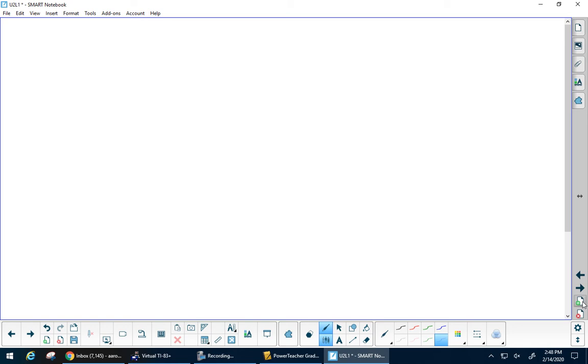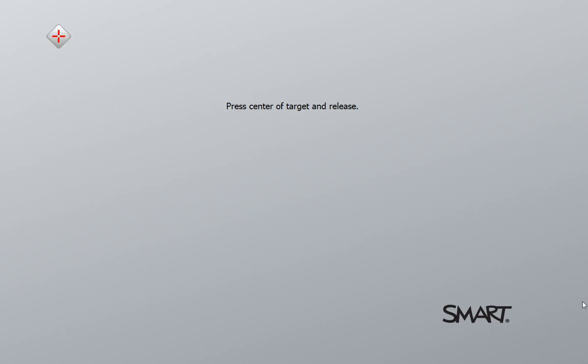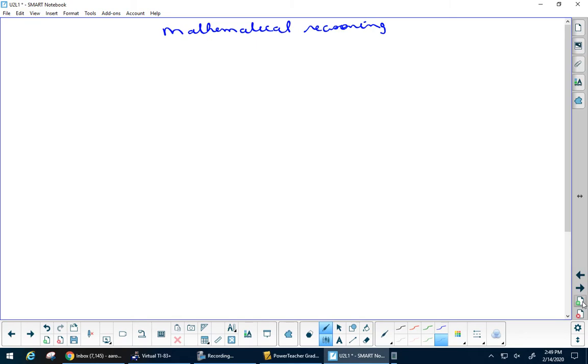We're going to title this one Mathematical Reasoning. We want to keep our sheets separate.